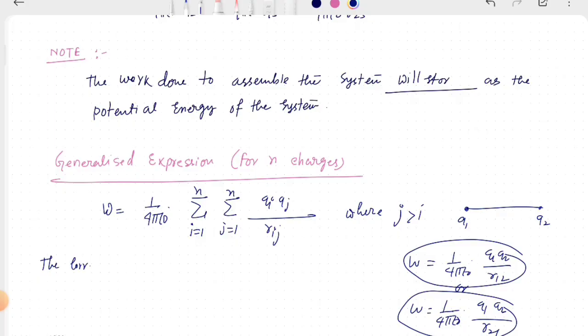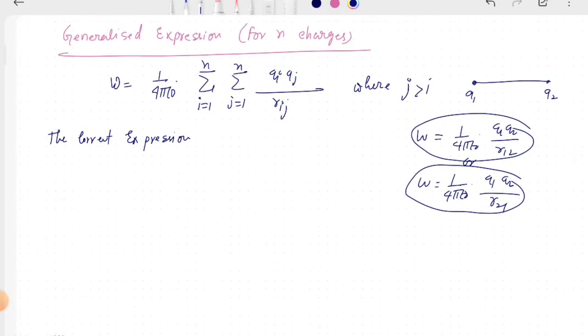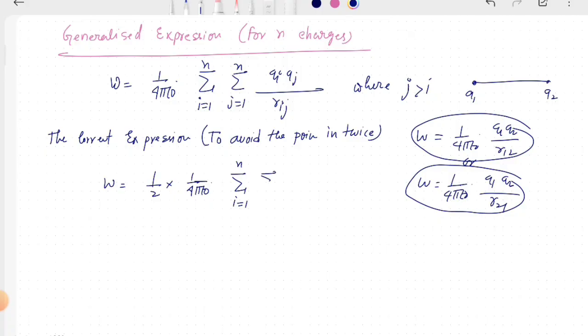Let us write the correct expression to avoid the pair counting. Work done W is equal to half into 1 by 4 pi epsilon naught, i from 1 to n, j from 1 to n, qi qj upon rij, where i is not equal to j.